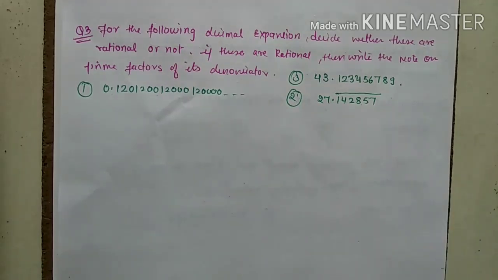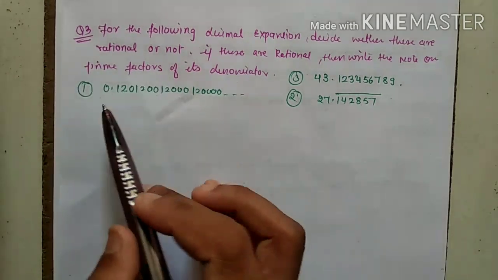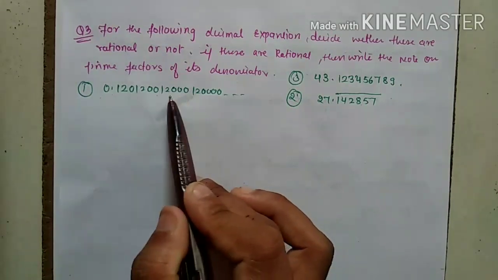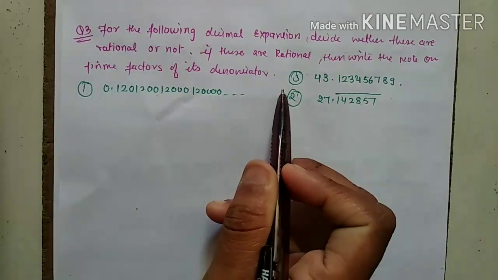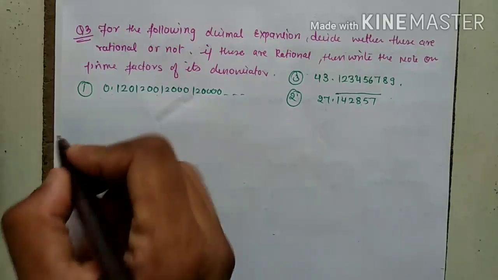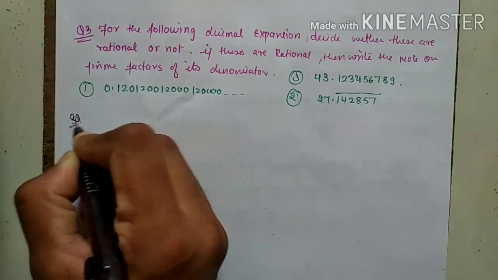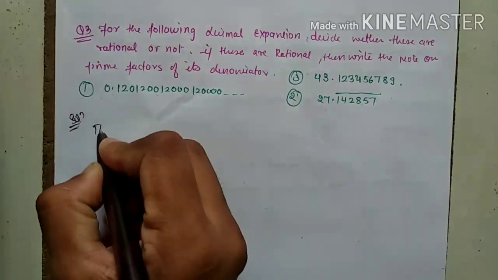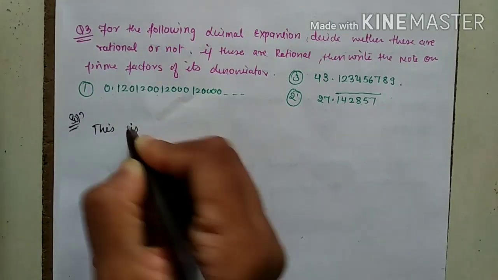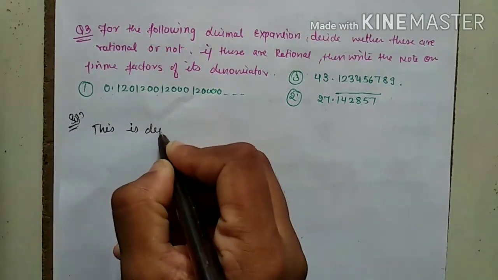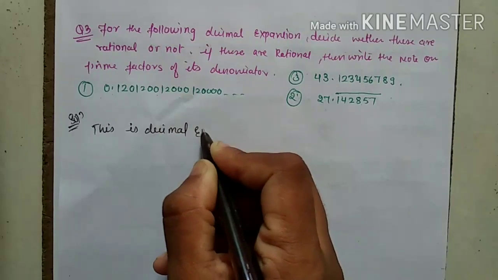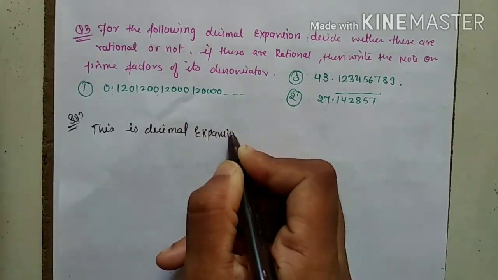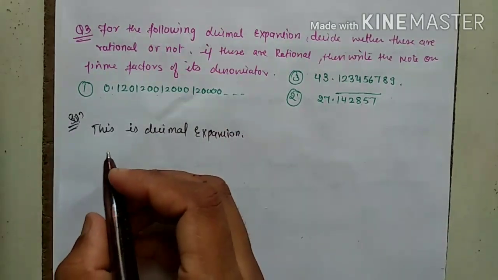First of all, just understand the solution. It should be in the form of a normal number. You have done this in the 9th class: 0.120, 1200, and like this. If the numbers are like this, what will you write for this? This is the decimal expansion, but non-terminating.